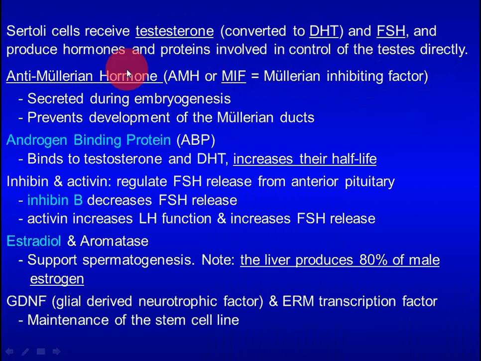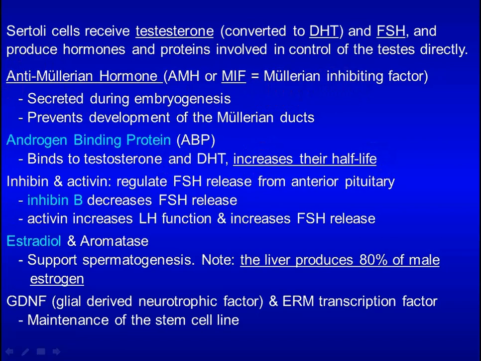Here are the hormones and proteins they produce. First one is anti-Mullerian hormone, or Mullerian inhibiting factor, or MIF. Androgen binding proteins. This protein increases the half-life of androgen.